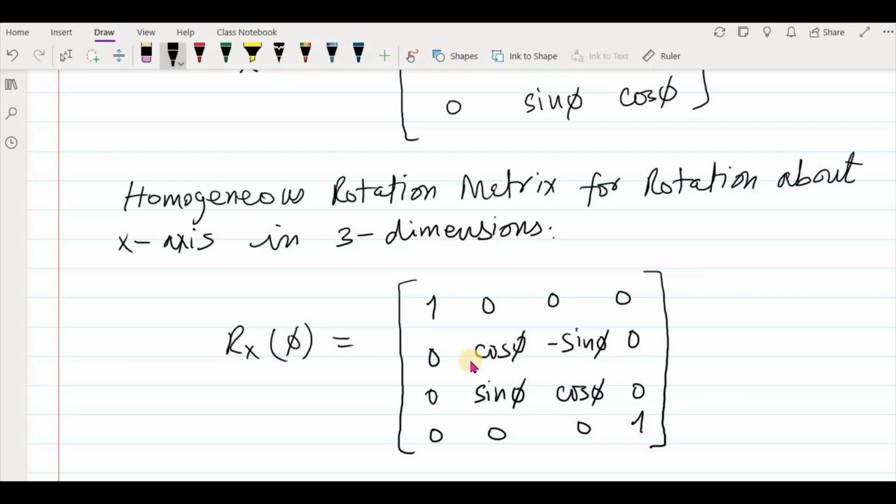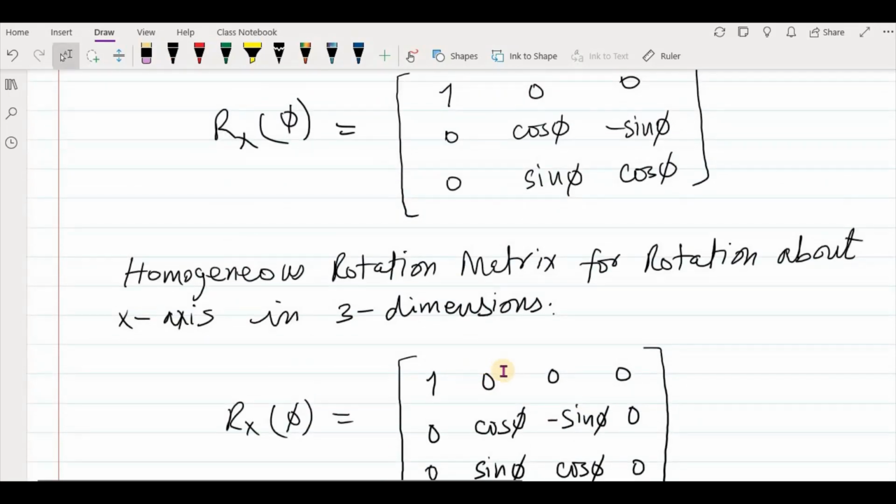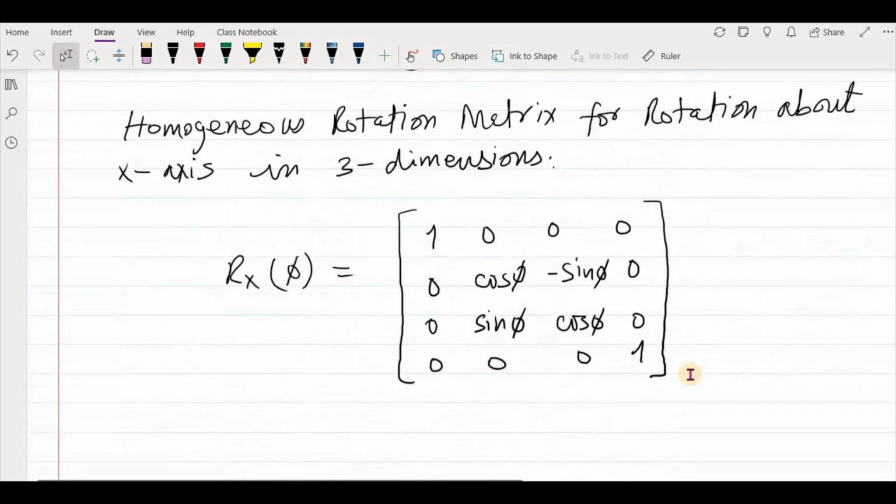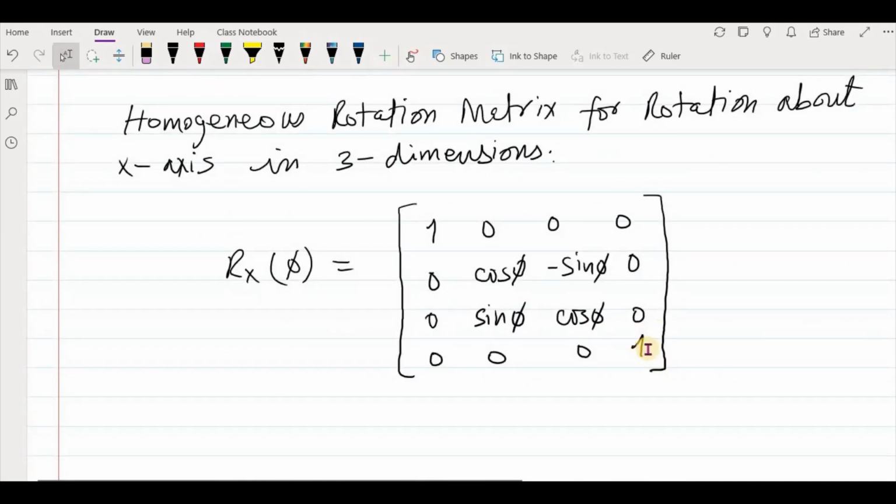So notice what we did, we just added one more column and one more row to make it a homogeneous rotation matrix. We derived this from here. We just added one column and one row here with 1, and that's how we get the homogeneous rotation matrix.